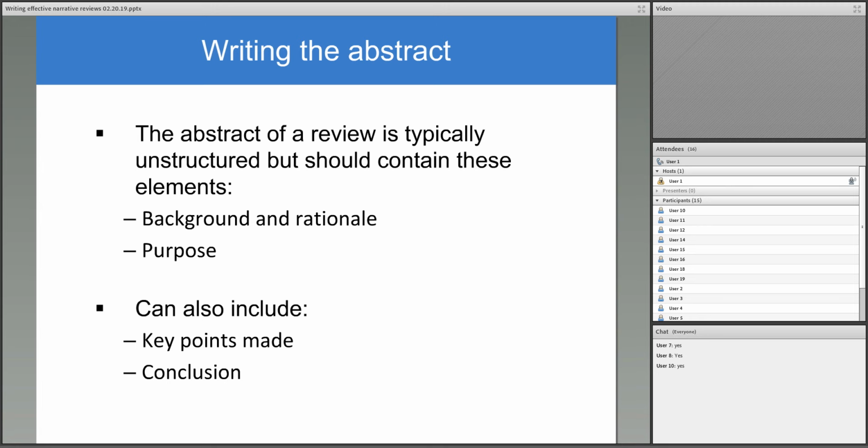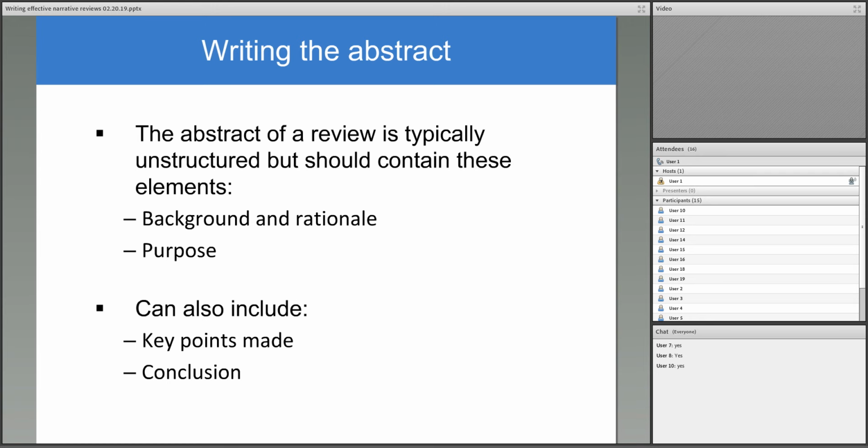The purpose may even recapitulate the structure of the main body text and the key points that the review makes. It's a great idea to provide an explicit and precisely fleshed out purpose in the abstract. It's the best way to give the reader an overview of what's to come.